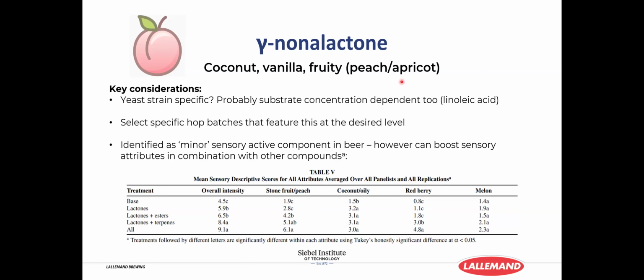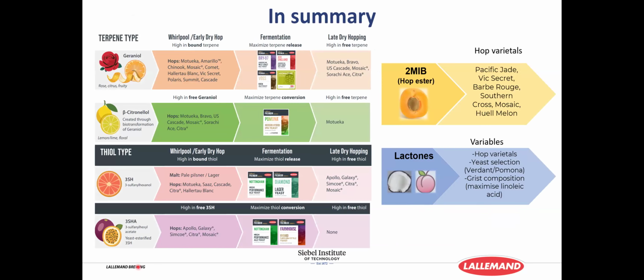Here, I think this is quite a nice little tool that you can use when you're doing your recipe, to help you choose varietals that are highly expressive of different groups of molecules that you want to have in your end product, and pair with the same here for esters and lactones.